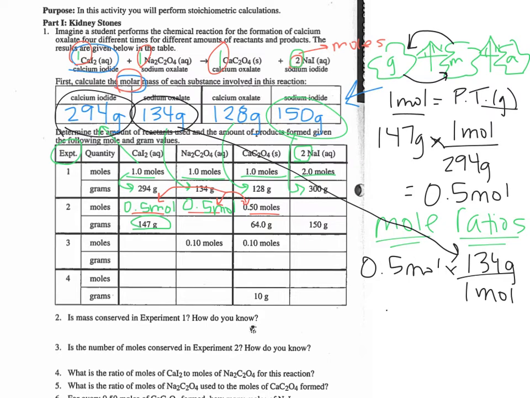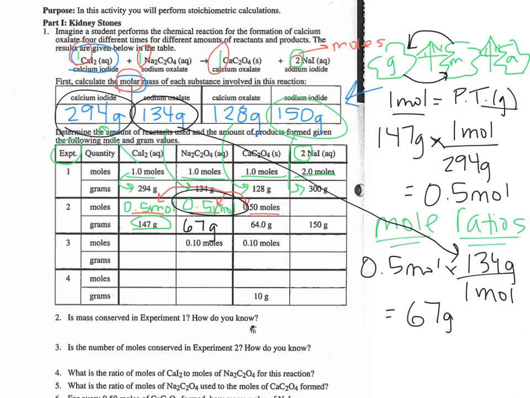When we do that math, 0.5 times 134 gives us 67 grams. So this is our missing grams right here, 67 grams. And again, we got that from the moles, if we found the moles of sodium oxalate by using the mole ratios from the chemical reaction. Once we found moles, we can easily go to grams by multiplying by our molar mass.